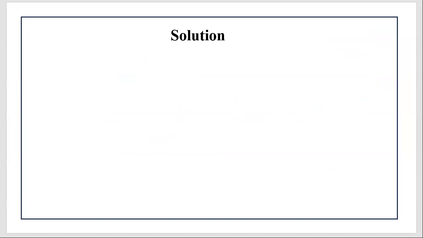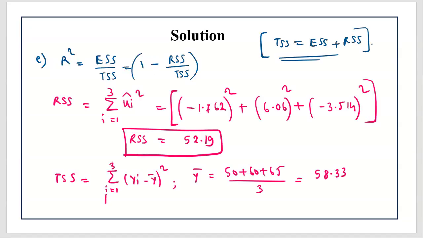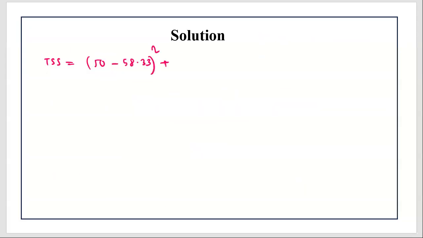Now how do you get the TSS? TSS is simply: take the first value, 50, minus the average that we just got, and take the whole square of that. See, the formula is the summation, i from 1 to 3, of yi minus y bar, whole square. Take the yi values, y bar is simply this, and then square them.